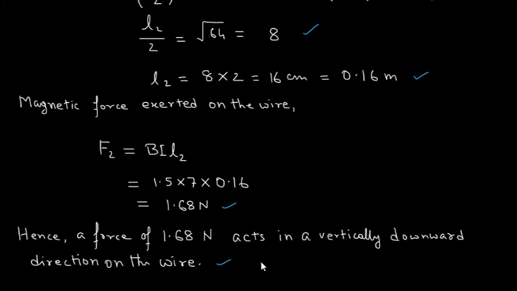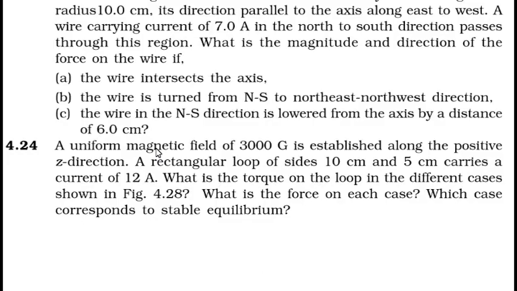Let us see the next problem, which is 4.24. A uniform magnetic field of 3000 G is established along the positive z direction.